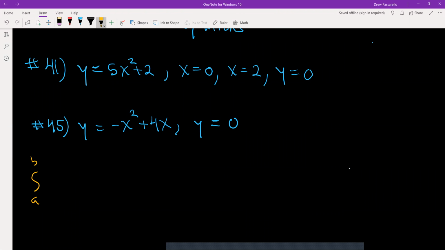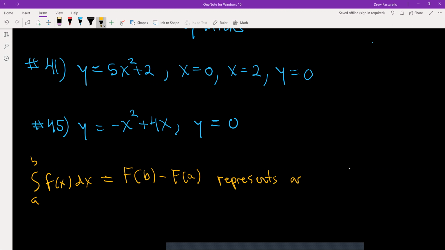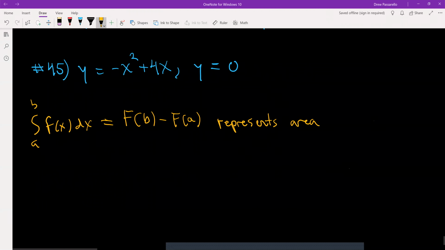The definite integral of f of x dx, which we know by the fundamental theorem, is capital F of b minus capital F of a, where capital F is the antiderivative. So that represents area if our function rests above the x-axis.